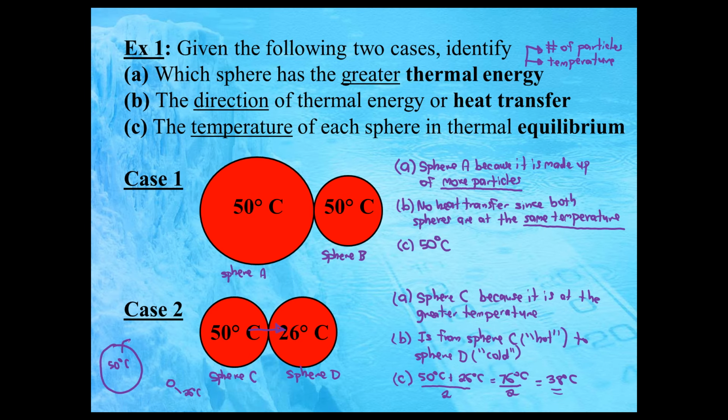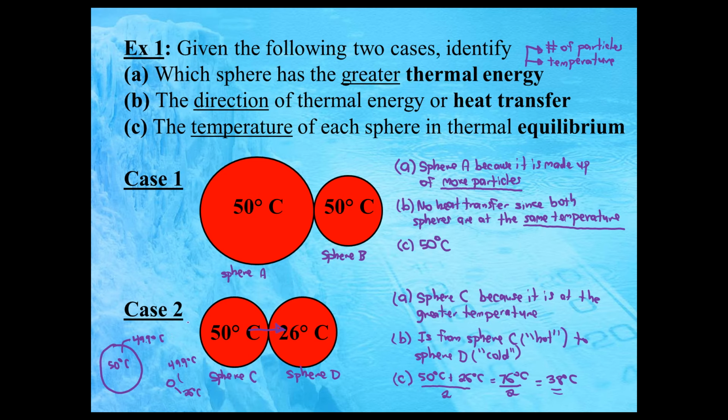This one might decrease a little bit, maybe to something like 49.9 degrees Celsius, because it's so huge, it'd be difficult to change its temperature. As for this one, because it's so small, it would have a massive temperature increase, maybe all the way up to 49.9 degrees Celsius.